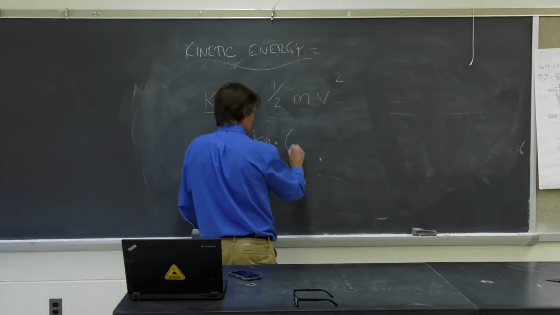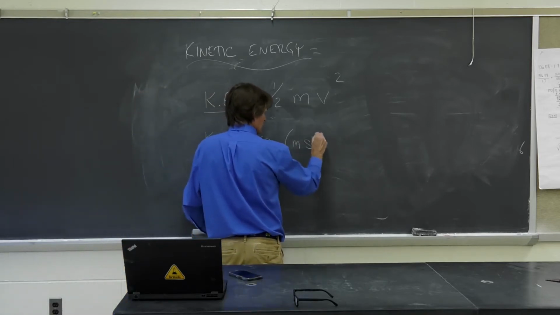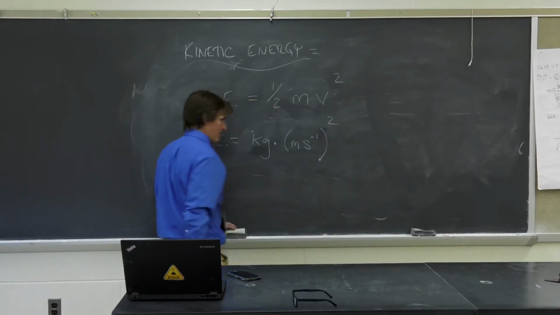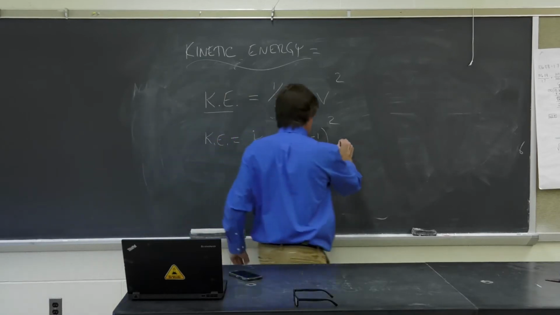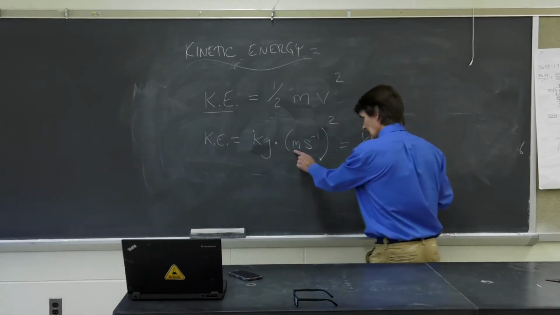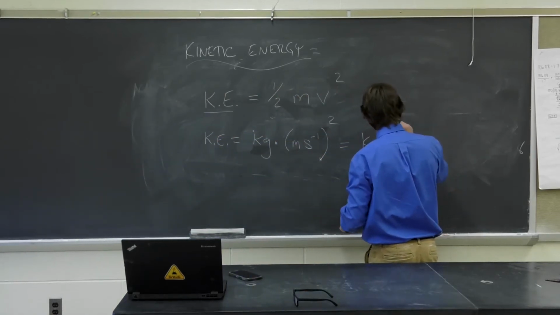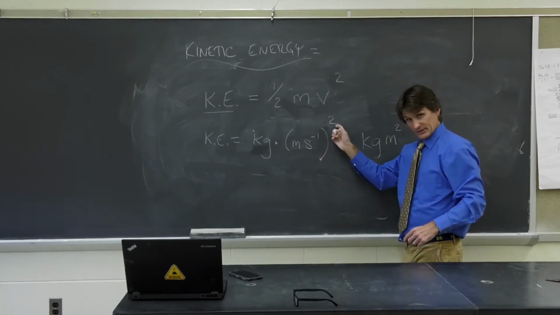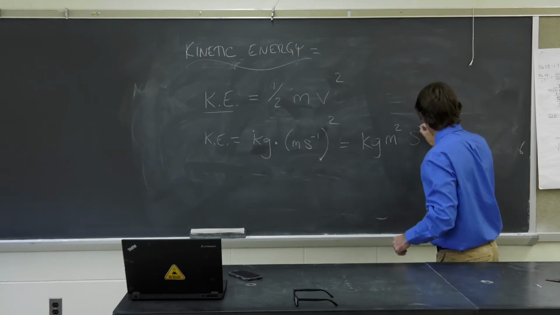So I'm going to multiply this by meters per second. And of course, we've got to square that. So what that is a kilogram times a meter squared, divided by a second squared, because of the square here.